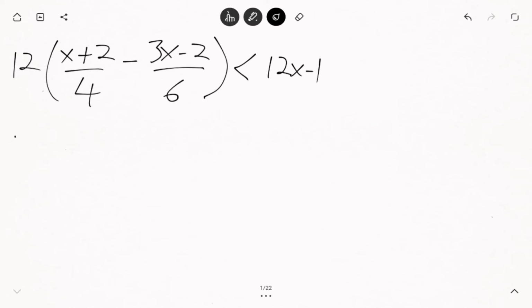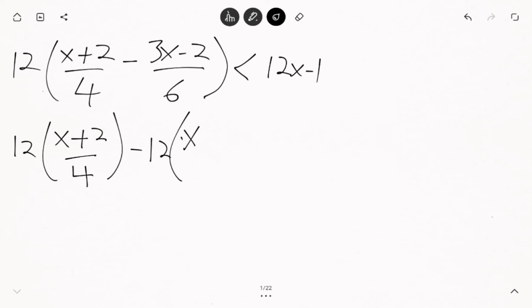Now we can see that the 12 is multiplying the content in the bracket. So for us to easily solve it, we need to expand the bracket to see what we can do. So we have 12 outside multiplied by the first term in the bracket, which is (x + 2)/4, then minus 12 multiplied by the second content over here, which is (3x - 2)/6.